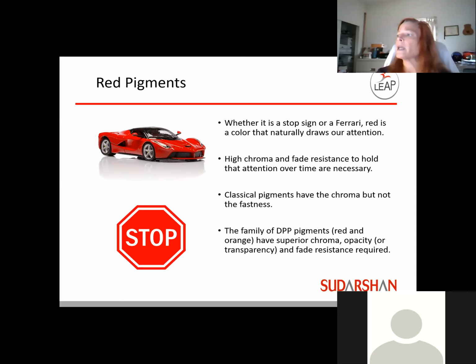The family of DPP pigments mostly are red, but there are orange pigments in the system as well. They have superior chroma and opacity or transparency, depending on what you're looking for, and they do have very good fade resistance to be able to work with the exterior requirements.